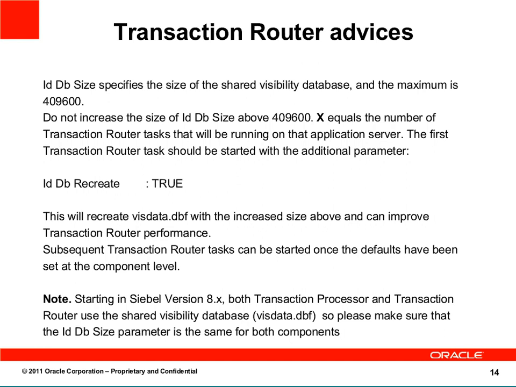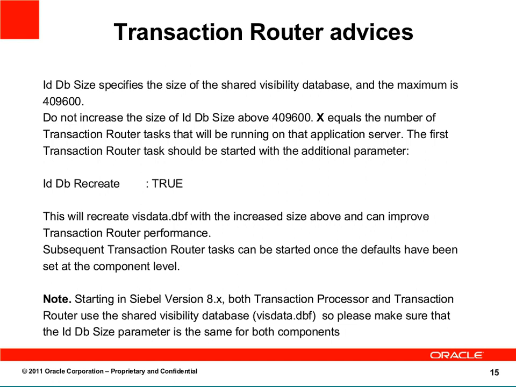In this slide, we can see a brief description of the IDDB size. IDDB size specifies the size of the shared visibility database, and the maximum is 409,600. Do not increase the IDDB size above this number, and X is equal to the number of transaction router tasks that will be running on that particular application server. The first transaction router task should be started with the additional parameter IDDB recreate.